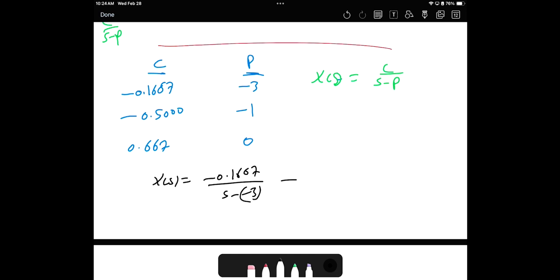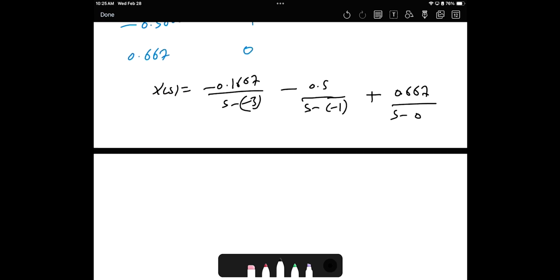Then minus 0.5 divided by s minus negative 1, or actually positive, plus 0.667 divided by s minus 0. Okay, so what should I do? It will be negative 0.1667 over s plus 3, minus 0.5 over s plus 1, plus 0.667 over s.